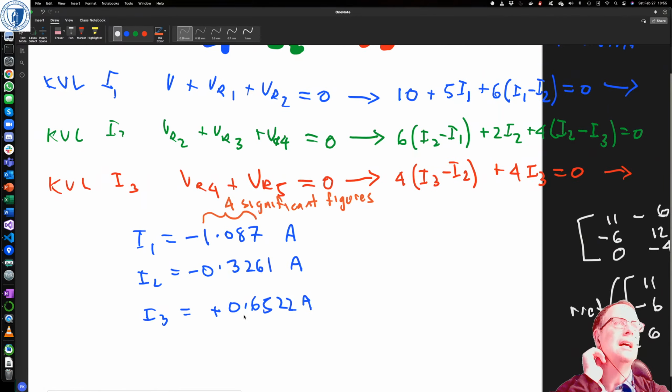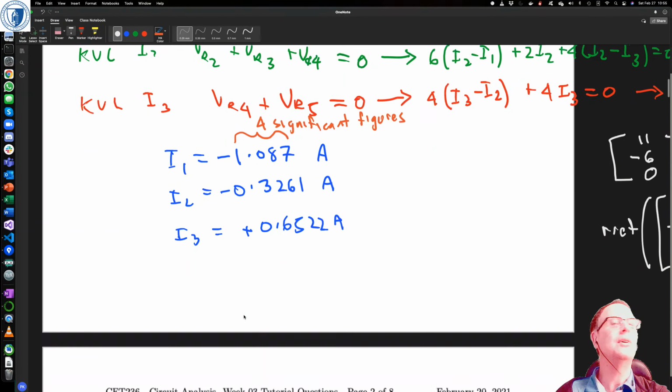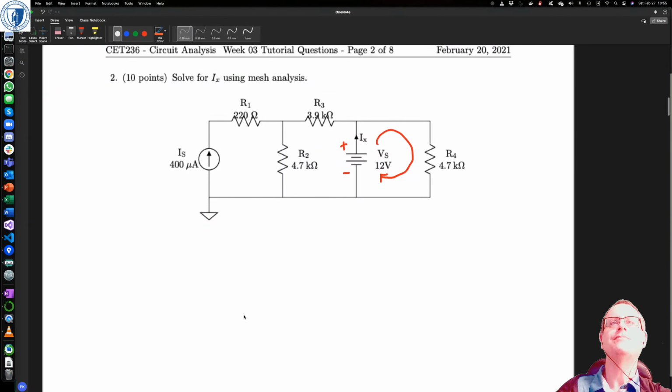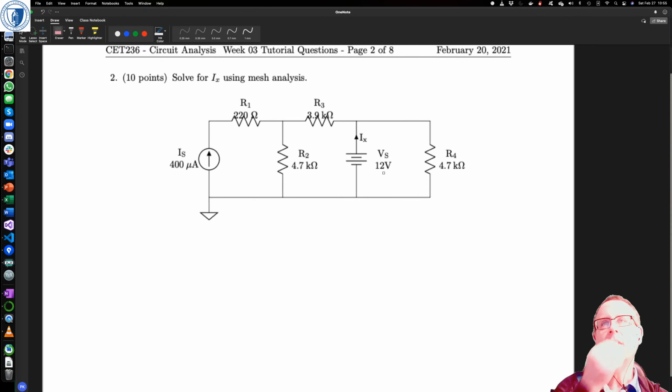Okay, so that's the first question. Let's have a look at the next one. And let me just erase my scribbles from last week. Or maybe it was from earlier today. So can somebody from the second group talk us through how you would do this one?